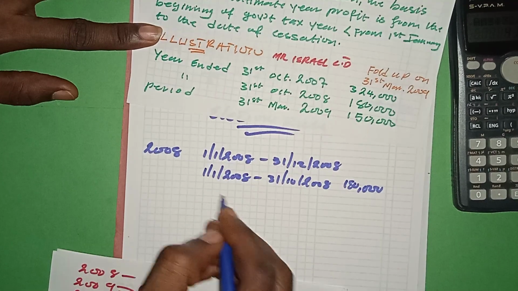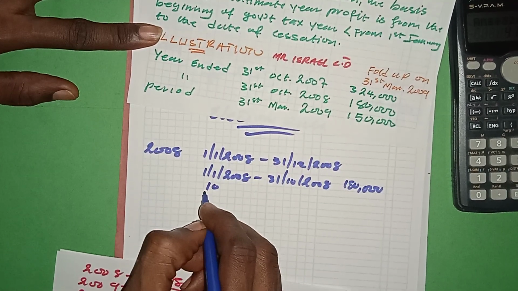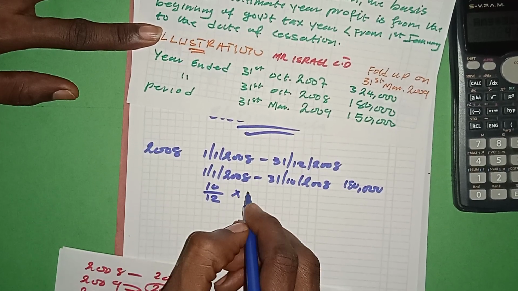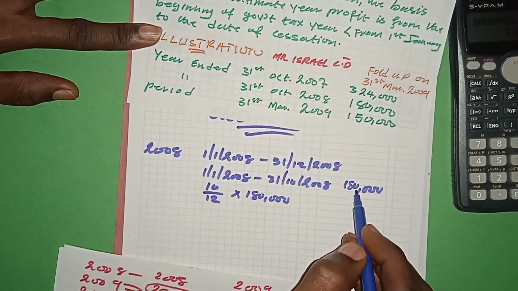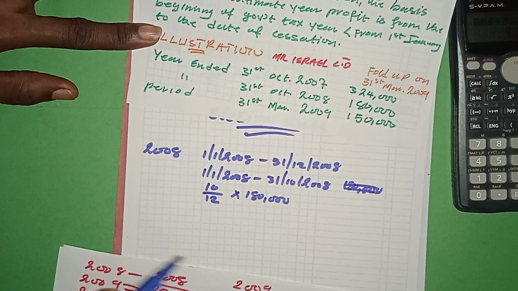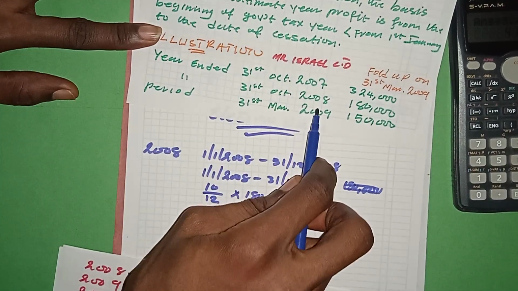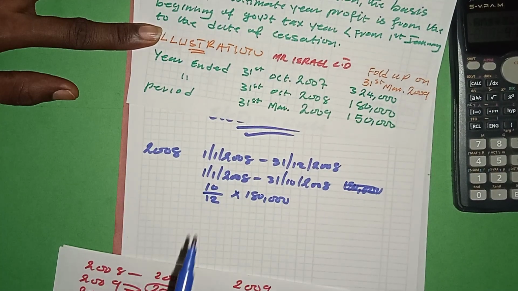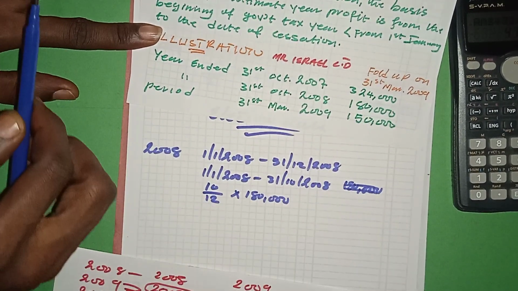So what we do is this. 10 over 12 times 180. Let's cancel this. You understand? Times 180. Why? Because we want to remove 10 months, which is from January to October, from this figure.